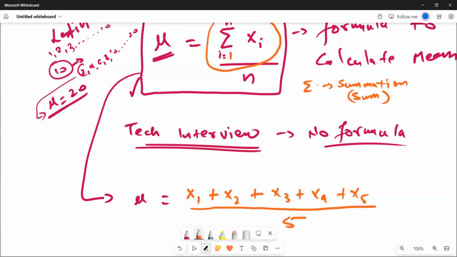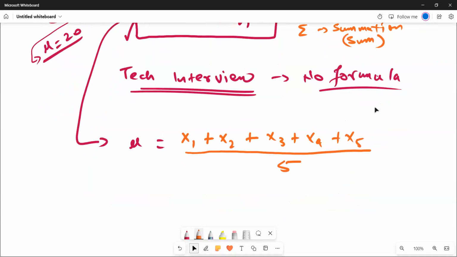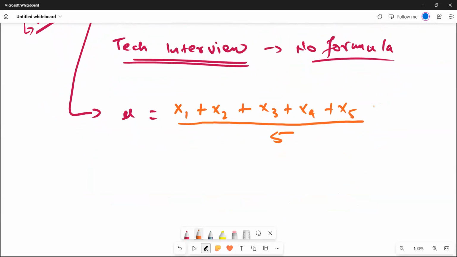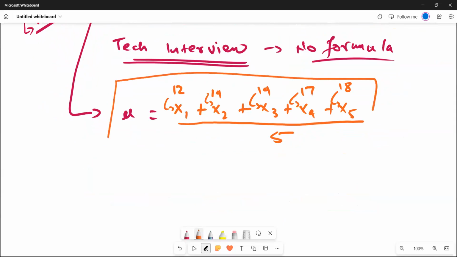This is how this formula is expanded, and each of your values, 12, 14, 14, 17, and 18, will take the place of x1, x2, x3, x4, and x5. This is how the mean is going to be calculated.